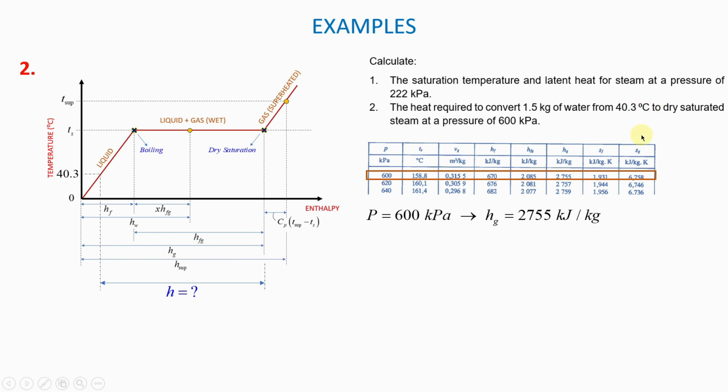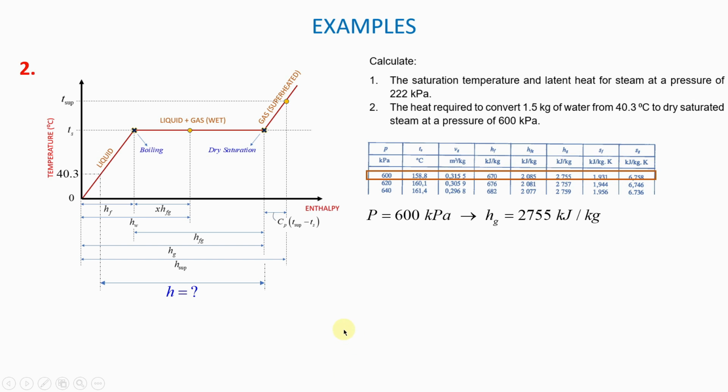However, in this question, the water is not at 0. It already has some heat because it is at 40.3 degrees. So the heat that we need to take it to dry saturation is just from here to here, okay? And so this here will be equal to Hg minus the heat that is already in the water, okay?